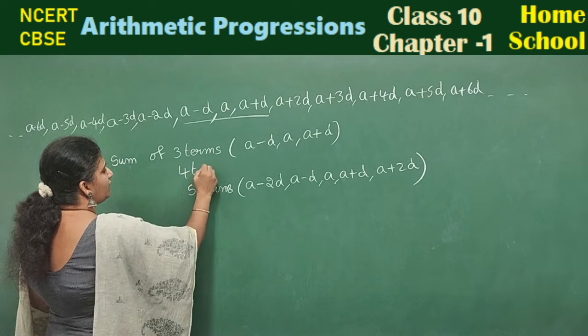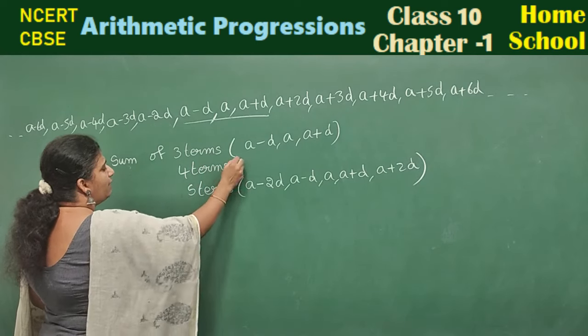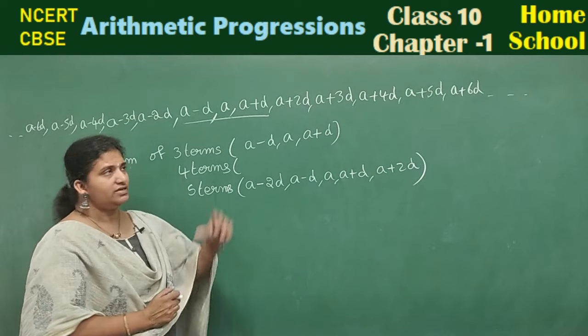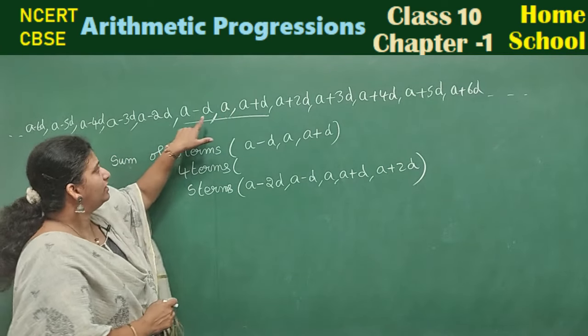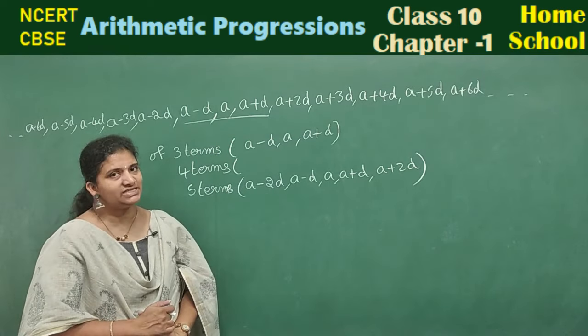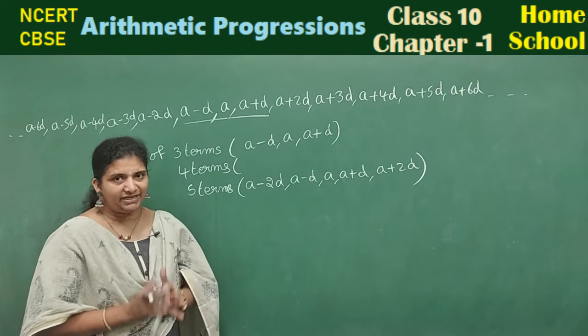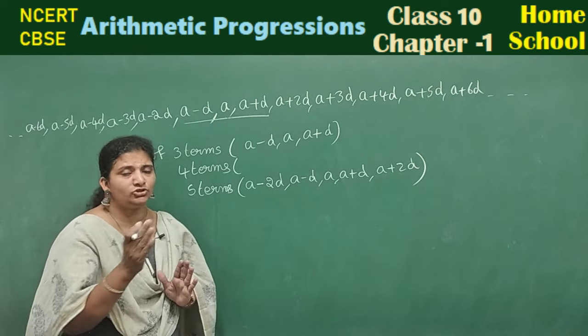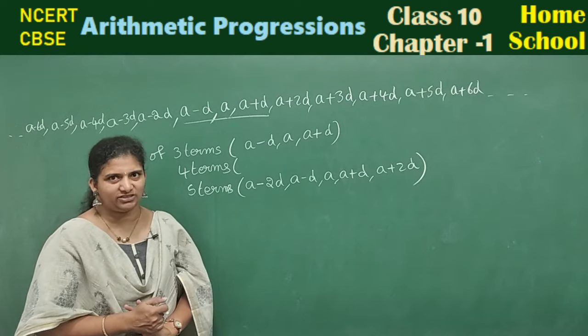Suppose they give you a problem about 4 terms. How can I take them? Suppose I take A, these two and this one, then 2D will be left. D is not cancelled. And make sure whatever general form you take, that general form should be in arithmetic progression.